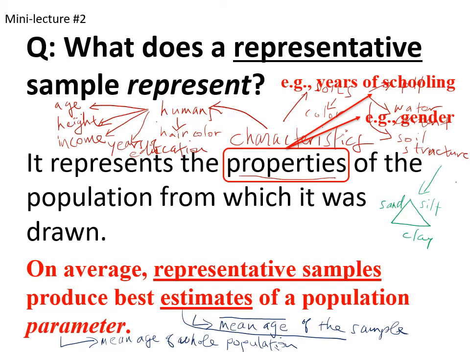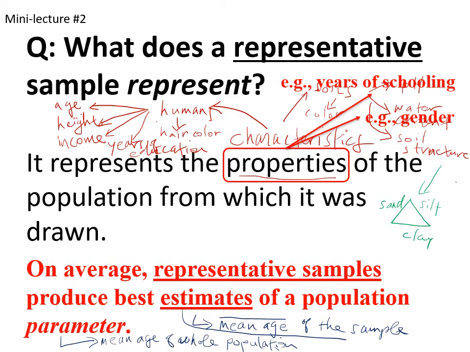So basically, if it's a representative sample, which is always going to come from a random sample, then that will produce the best estimate of this population parameter, which is just the characteristics of the population.